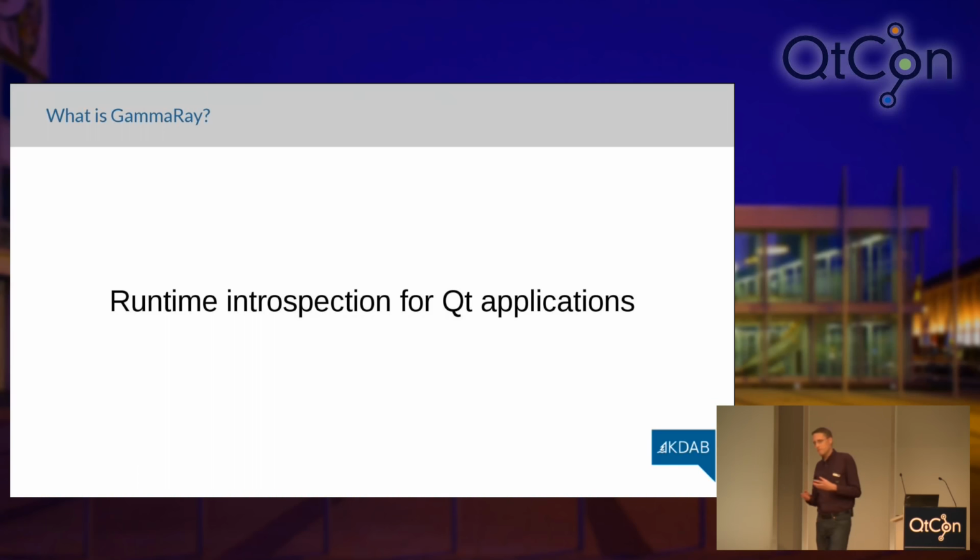So it's something that at runtime allows you to look at what's going on inside your application, but at a much higher level than a conventional instruction level debugger. Right, so you don't want to debug layouting issues by stepping through the QLayout implementation. You want to debug that by seeing the actual layout and fine-tuning the various layouting parameters until it actually matches what you have in mind. And that's the kind of stuff that we can do with GammaRay.